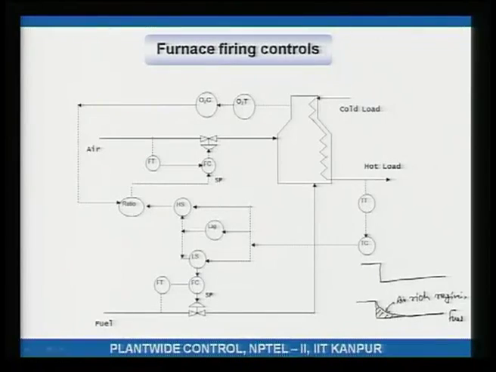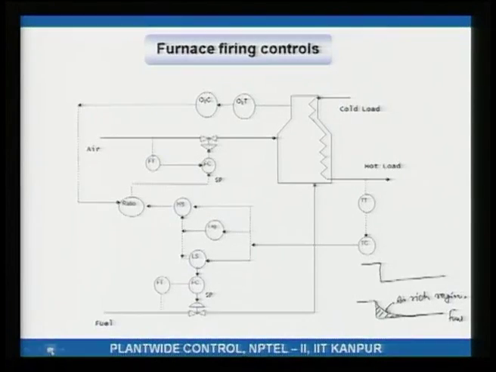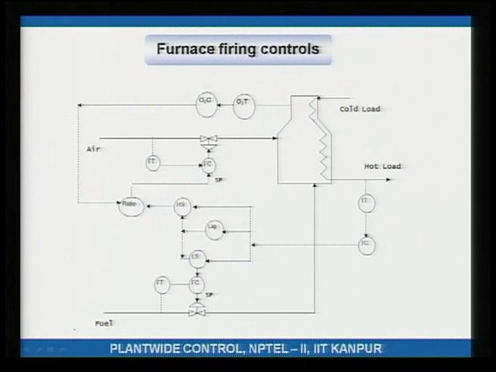Okay. So, how do we accomplish this? Well, it is accomplished the way it is shown here. I hope the problem is clear to you. So, let us say the temperature controller, which is trying to control the temperature of the process stream, is saying that, look, let us say the output of this temperature controller is a step.